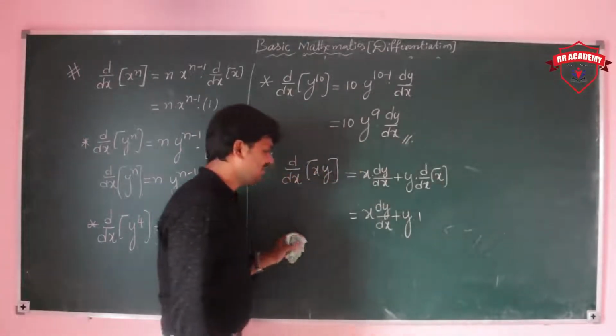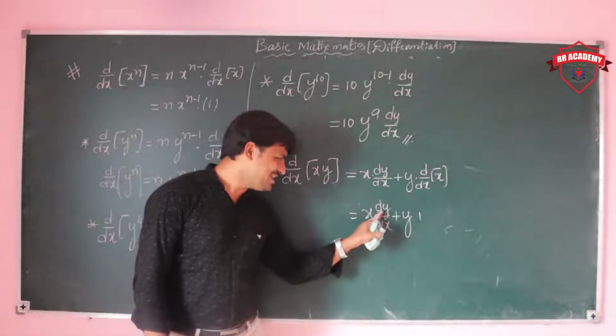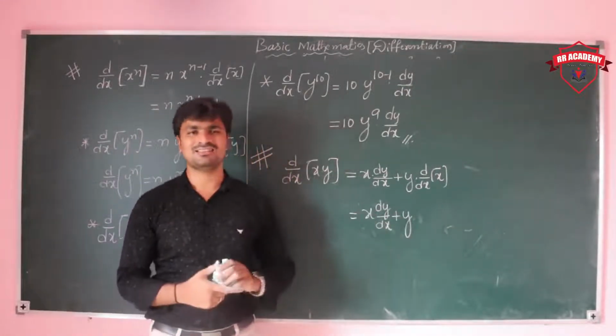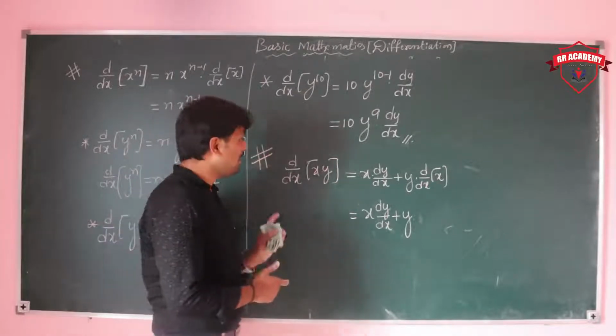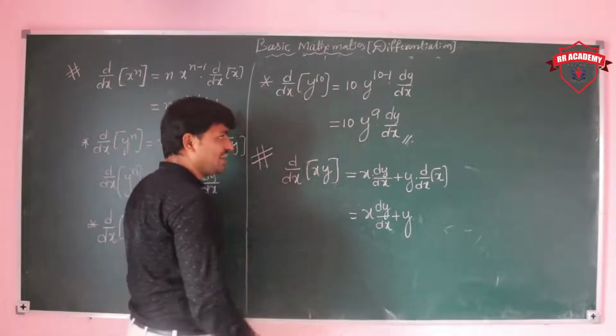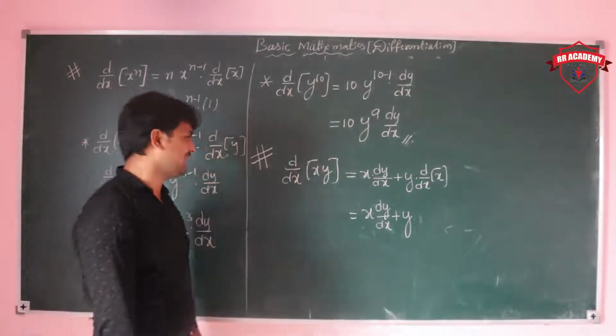Here x is the constant first, so x into dy by dx plus y into d by dx of x, which is 1. So simply the differentiation of x into y is x into dy by dx plus y. Generally, differentiable function and differentiating function both are different, and in that case only we can apply it.